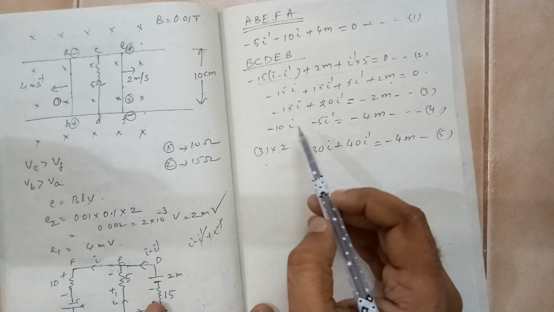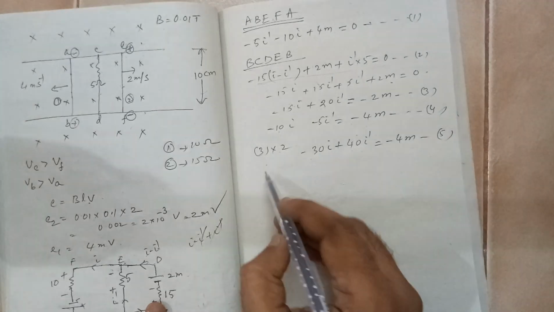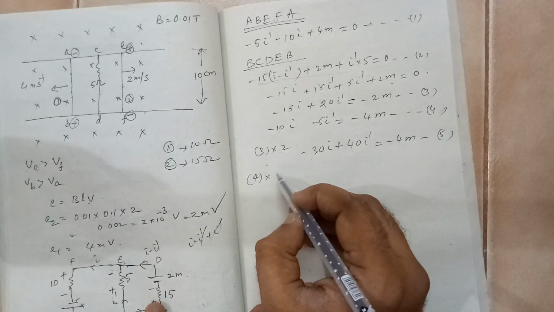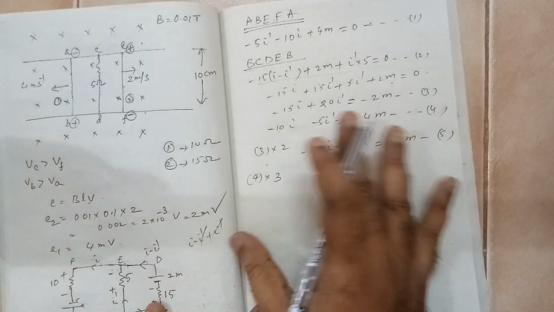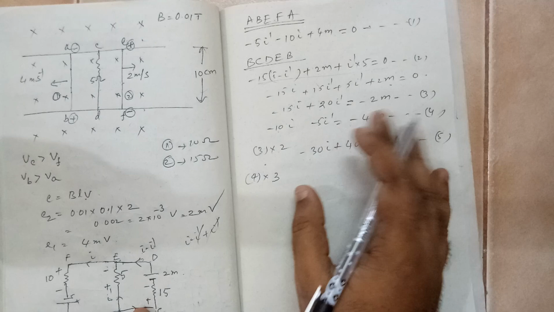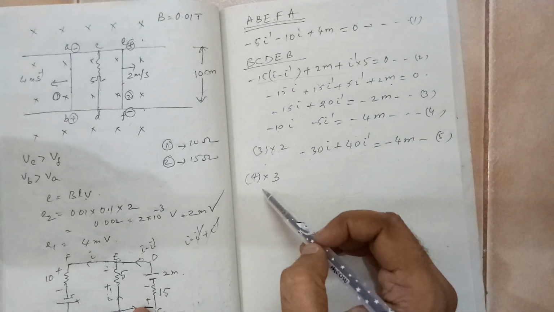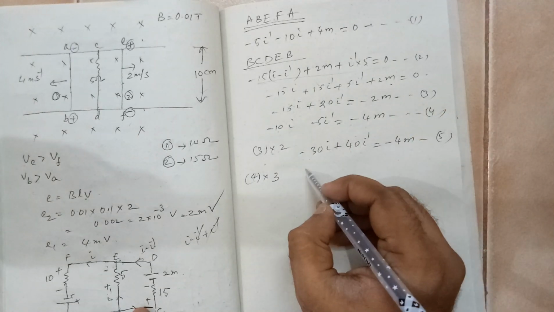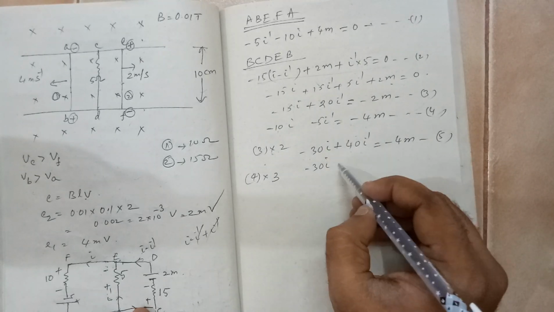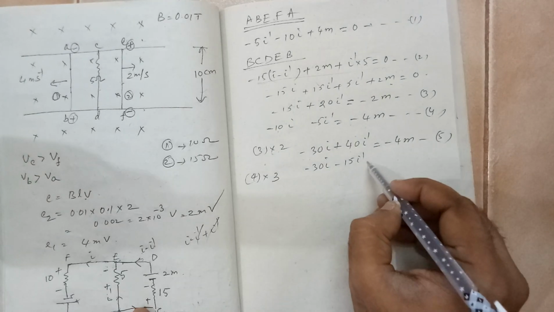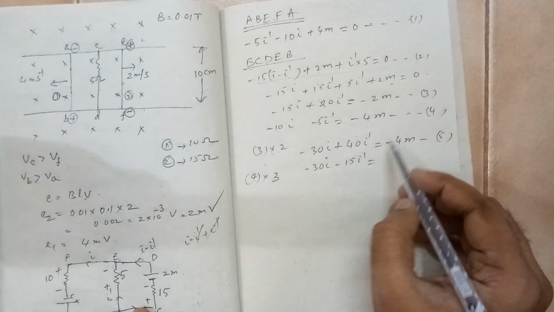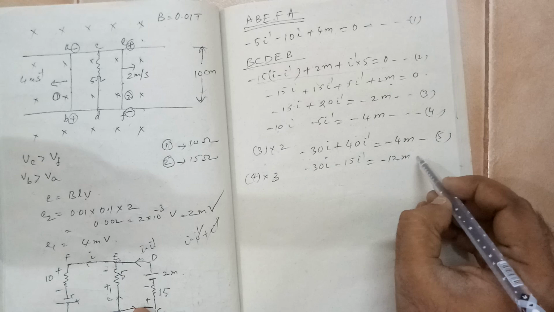Let us make this also 30. So we need to do 4 into 3. All these calculations can be done in the mind, but I am doing all the steps so that everyone understands. So 4 into 3, this becomes 30I, and this becomes minus 15I dash, equal to 3 into 4, minus 12 milli.